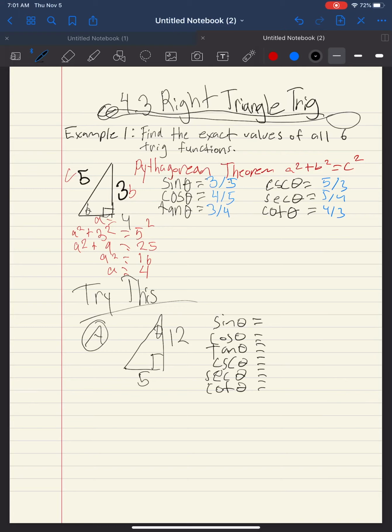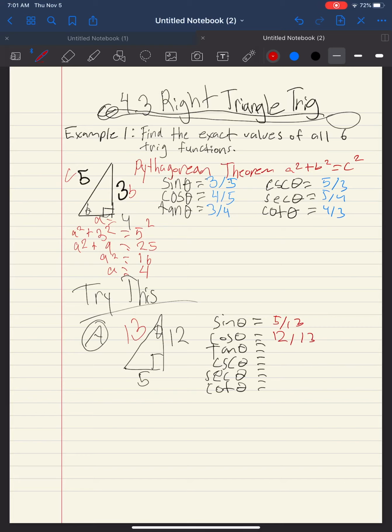Alright, now that you've done this one on your own, let's see how you did. So using the Pythagorean theorem, you should have gotten 13 right here. And after you got 13, all you gotta do is sine, opposite, which is 5 over hypotenuse. Cosine is adjacent over hypotenuse.